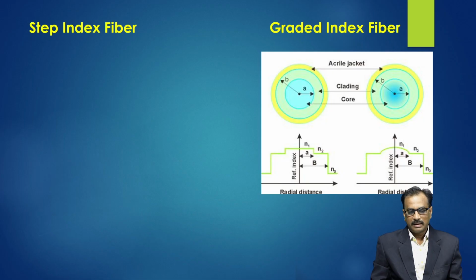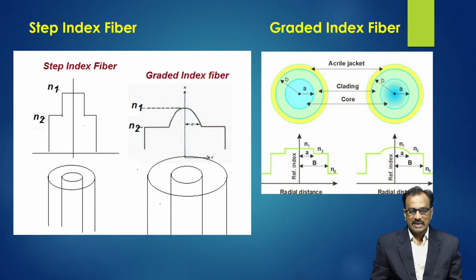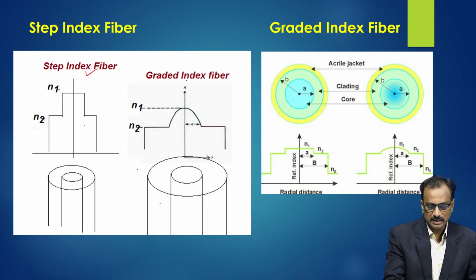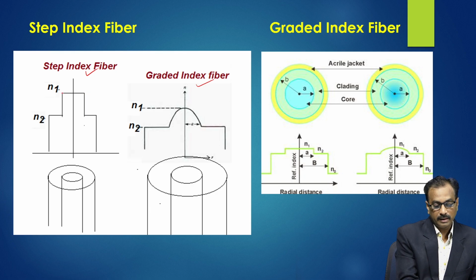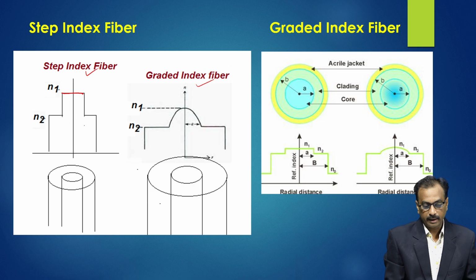The third classification is the step index fiber and the gradient index fiber. This is the step index fiber and this is the gradient index fiber. Here, the entire core material is made up of a single material. That's the reason its refractive index is uniform throughout the core.